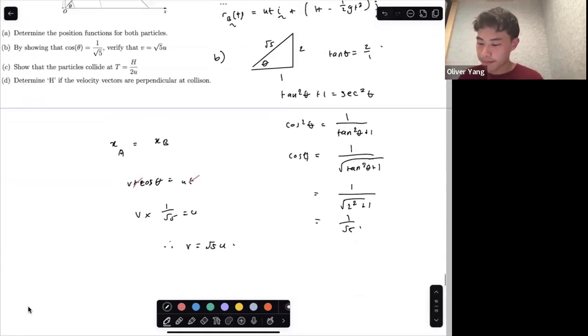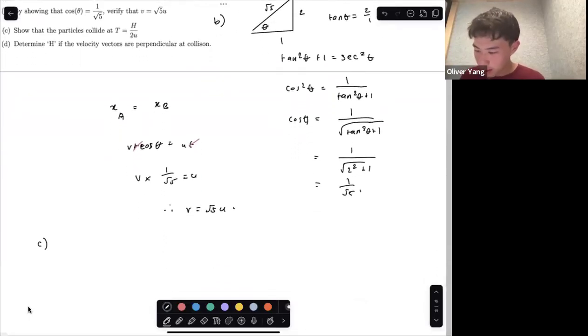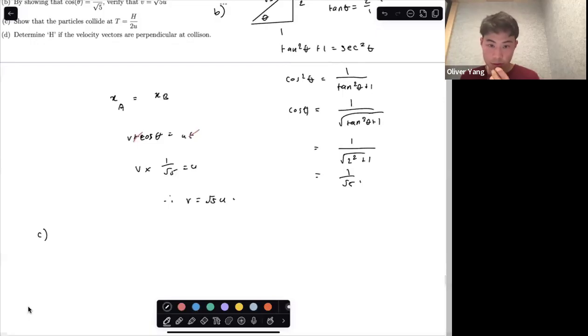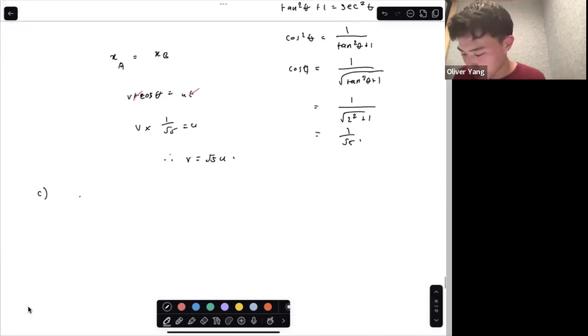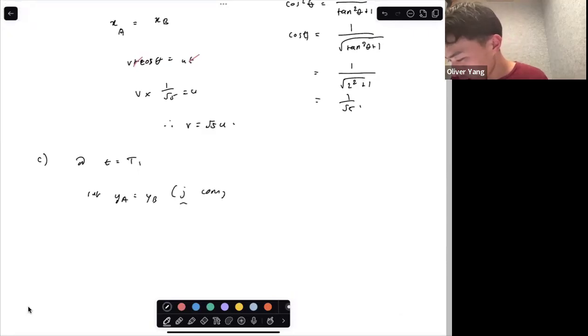Okay, C, show that the particles collide at t equals h over 2u. Okay, so this one is okay as well. So at t equals T, we know that there's a collision. So let yA equal yP, so the j component, because that's the thing that has it.